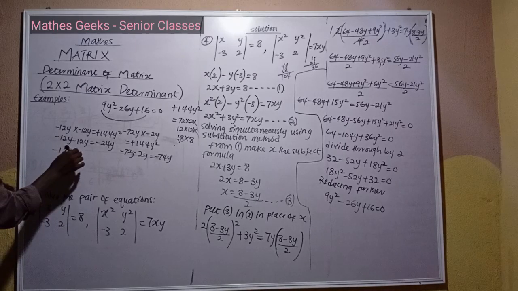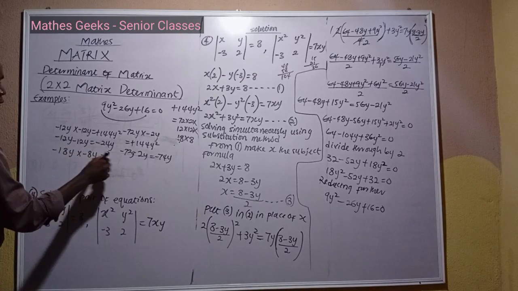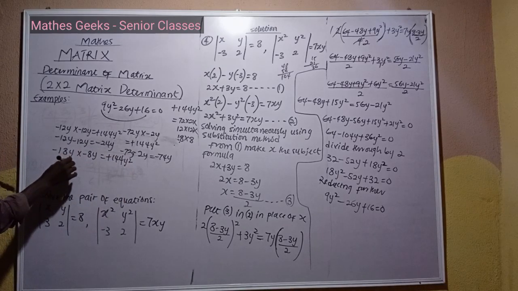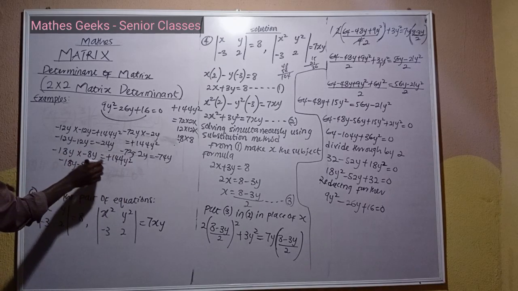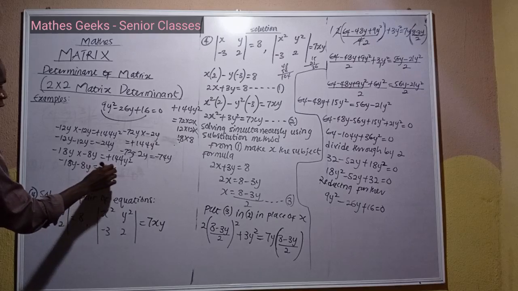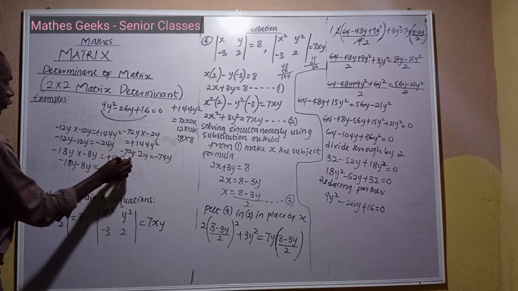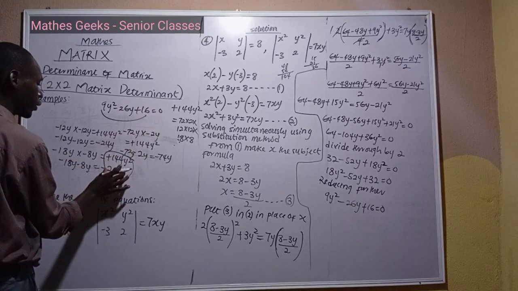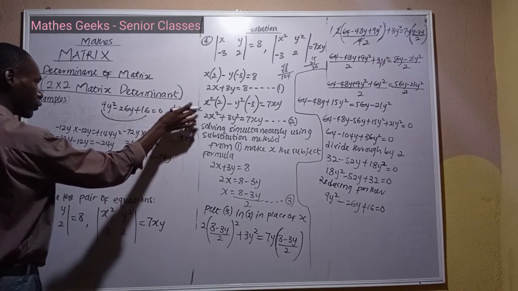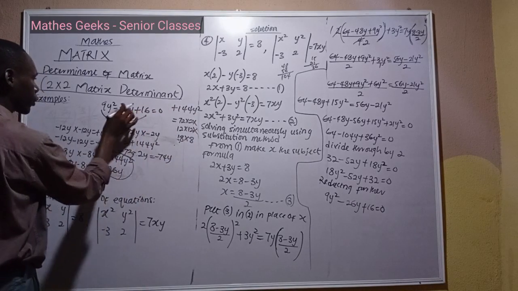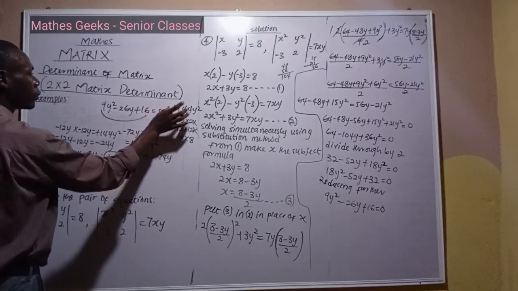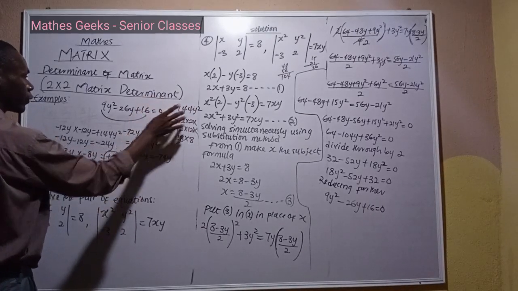Minus 18y times minus 8y gives plus 144y squared, and minus 18y minus 8y gives us minus 26y. So the sum of these factors gives us minus 26y, and the product gives us plus 144y squared, which is what we have here.